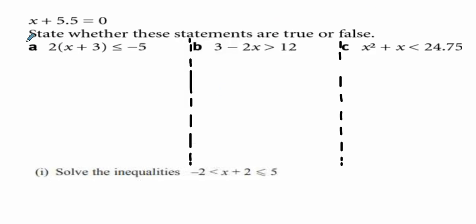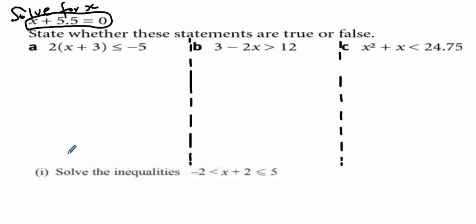We are given x plus 5.5 equals 0. State whether these statements are true or false. Let us solve for x first.